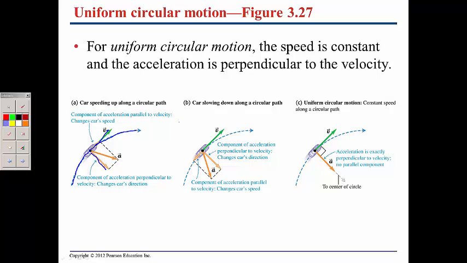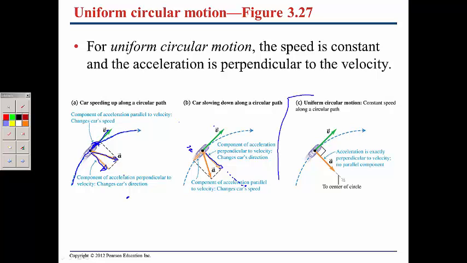It has an acceleration where some of it points radially towards the center of the circle, and some of it points tangential to the velocity of the car, and so it has a net acceleration kind of forward, ahead of the center of the circle. And similarly, if a car is slowing down, it's going to have an acceleration in the direction opposite of the velocity, as well as some component directly towards the center of the circle.